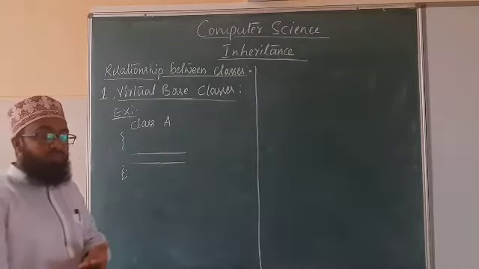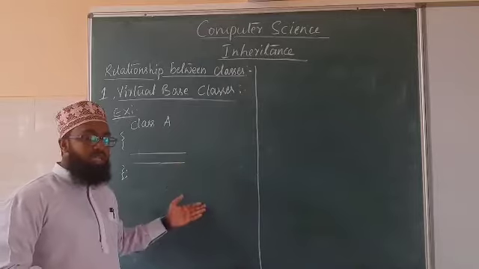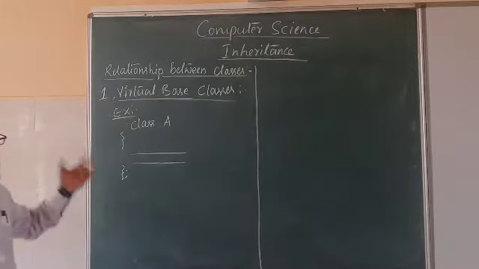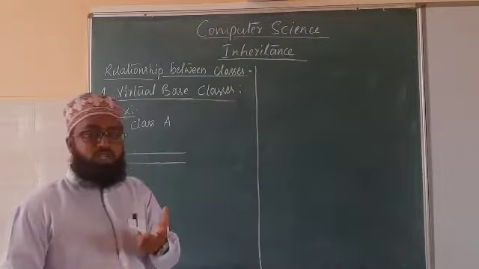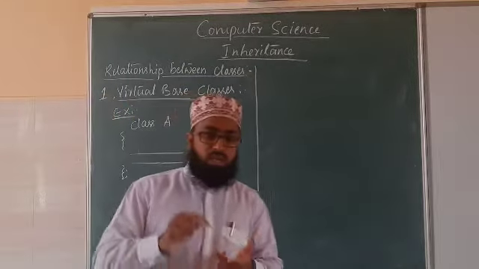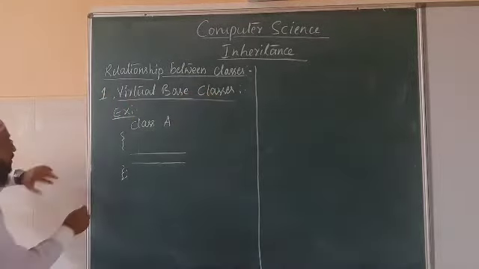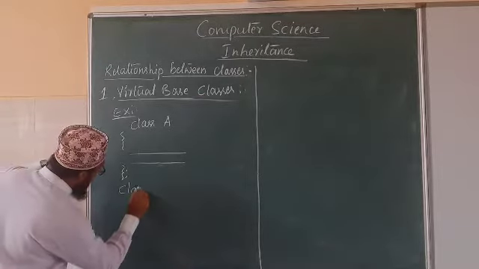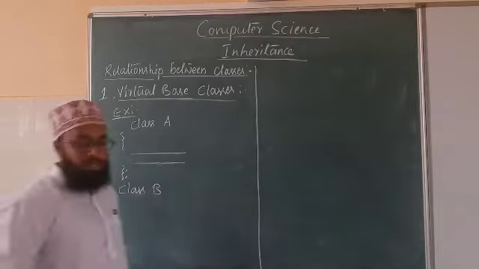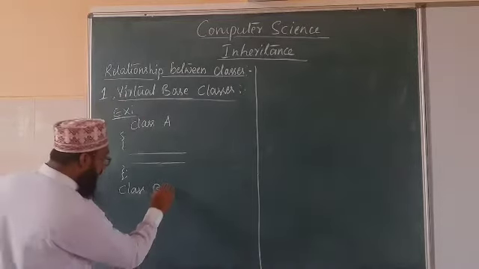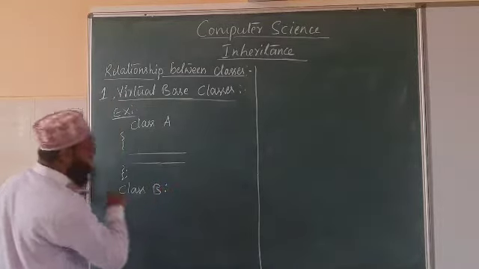Now, from this base class, we need to create 2 derived classes. One is class B, another one is class C. So now we have to do class B. After that, put a colon.